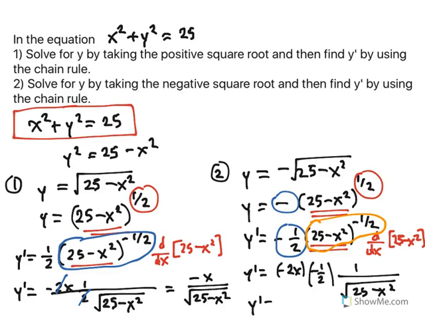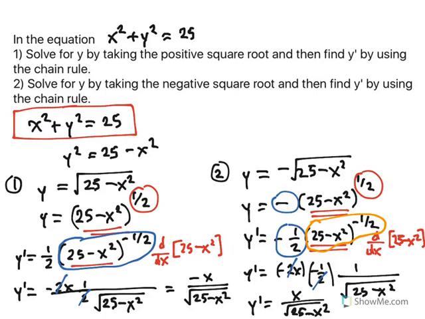So when you simplify here, you can see that the 2 and the 2 will cancel, and negative times negative is positive, so that leaves you with just x over the square root of 25 minus x squared.